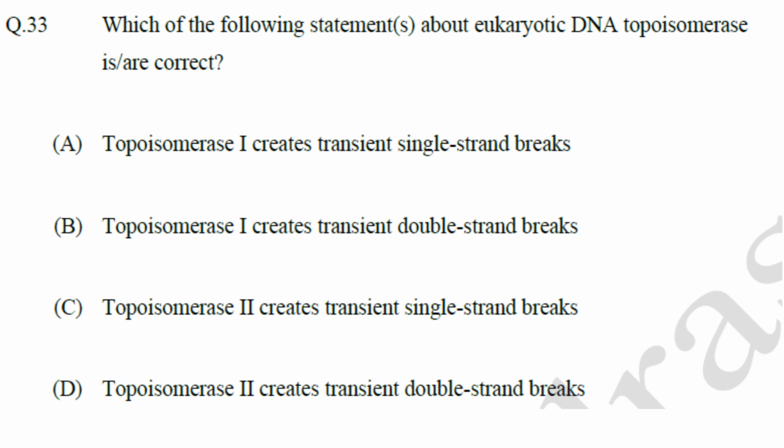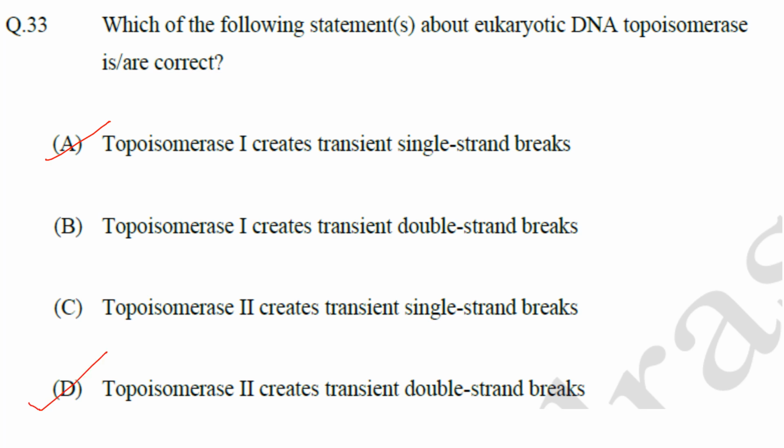Then which of the following statements about eukaryotic DNA topoisomerase is or are correct? So topoisomerase 1 creates single strand breaks. Yes, that's correct. Topoisomerase 2 causes double strand breaks. Topoisomerase 1 creates double strand, topoisomerase 2 creates single strand. No, D is correct.